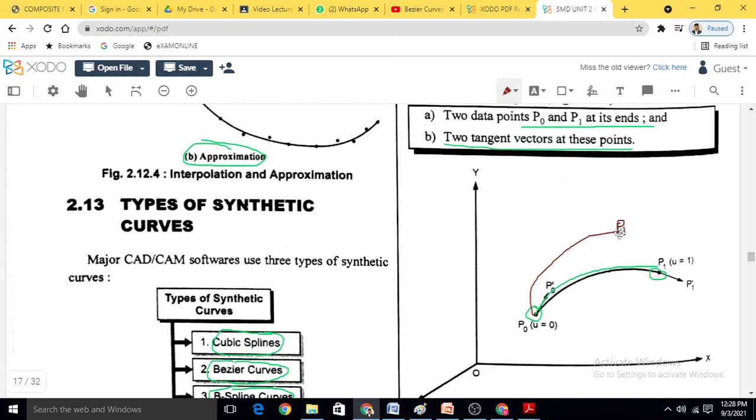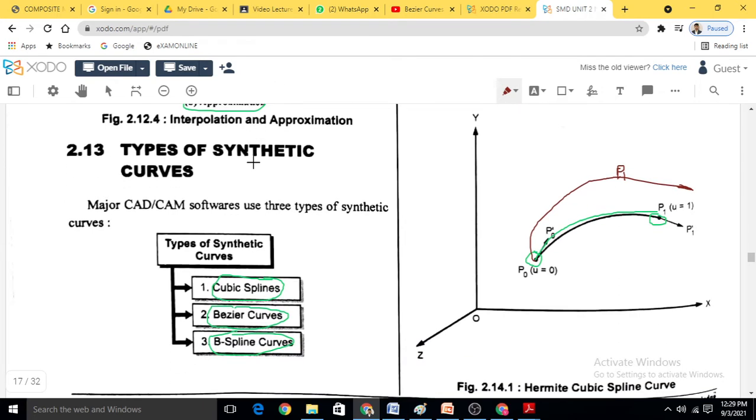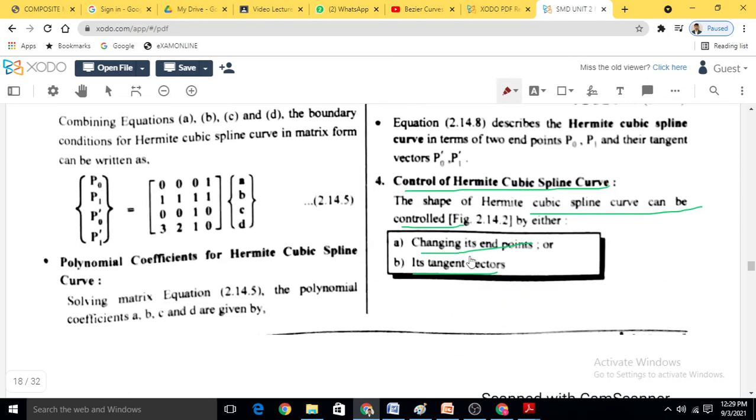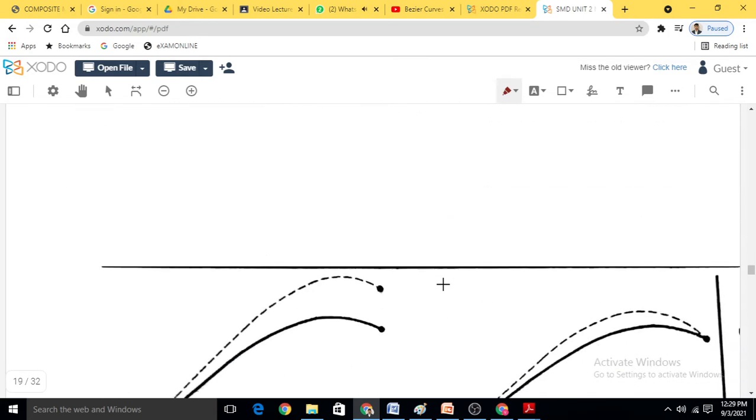If we change the position and the tangent vector, then the shape of the curve will change. So remember that to change the shape of the cubic curve, we need to change its end points and its tangent vectors.